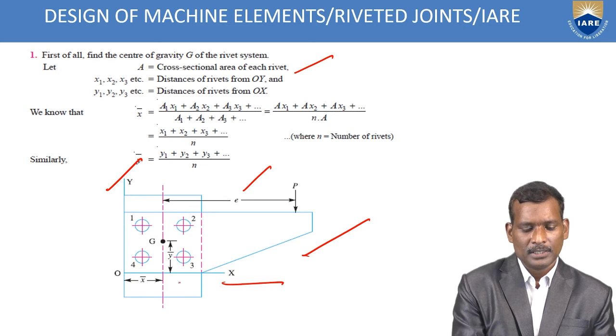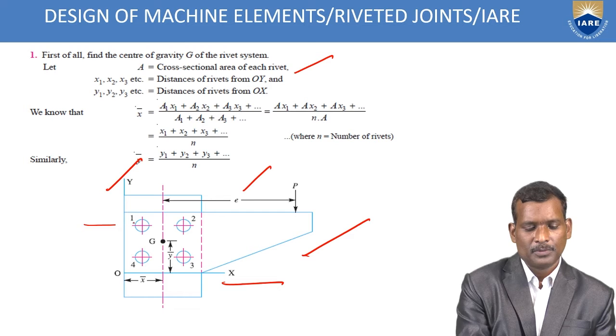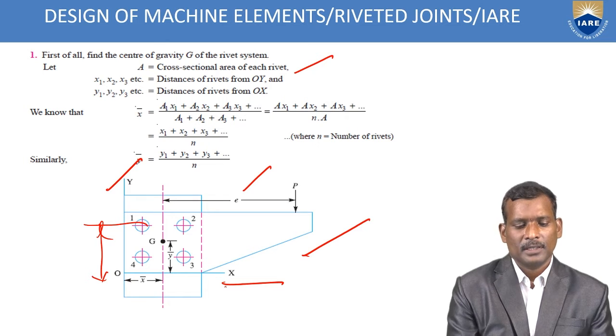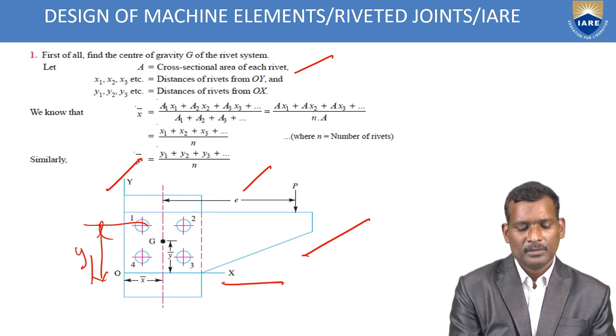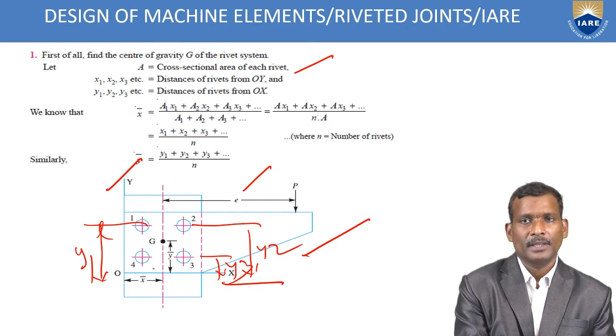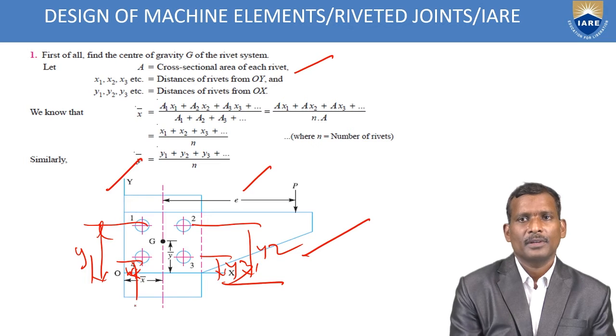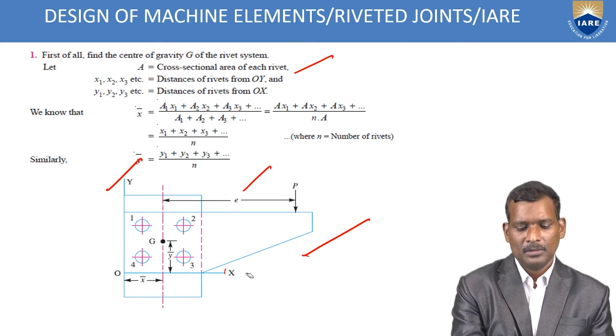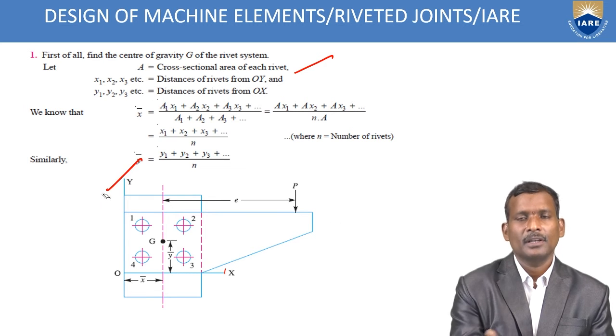What is the distance of the first rivet from the X axis? That is y1. The second rivet center distance is y2, then y3 and y4. Like this, you need to specify the center of gravity points.